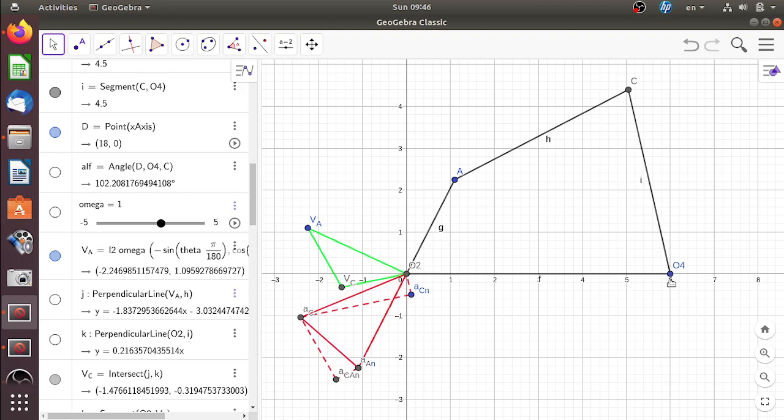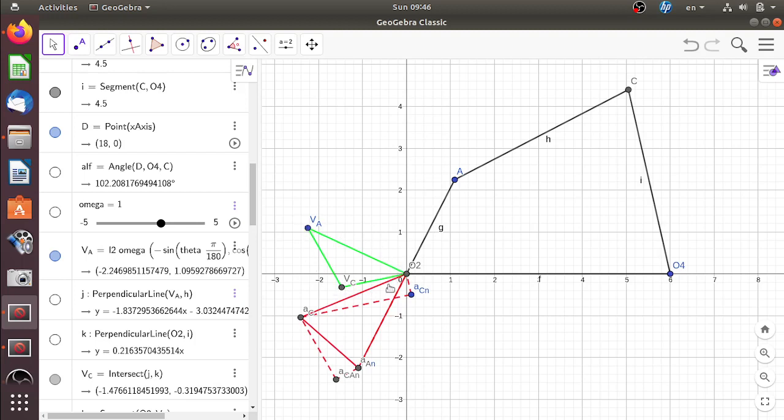I am going to draw a line perpendicular to this line segment, which is this one, which passes through this point, the zero velocity point. When this line and this line intersect, that's the point which is VC, the velocity of point C. So that's how I have constructed the velocity diagram.